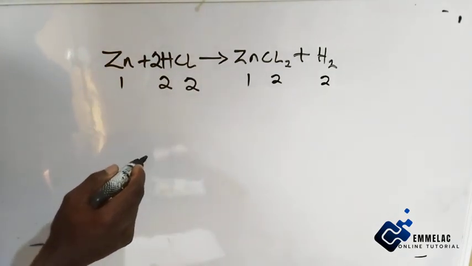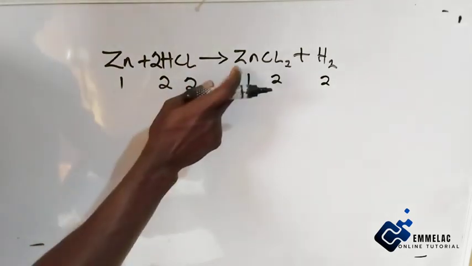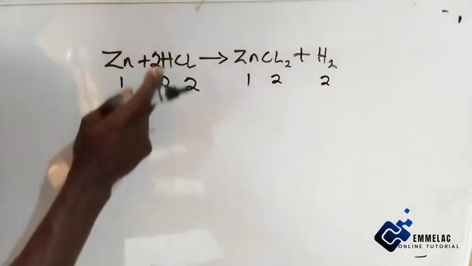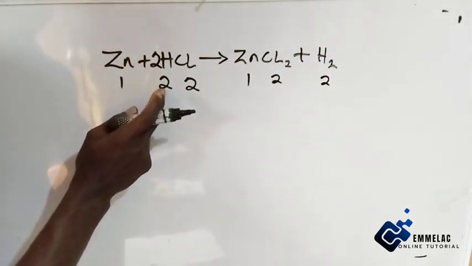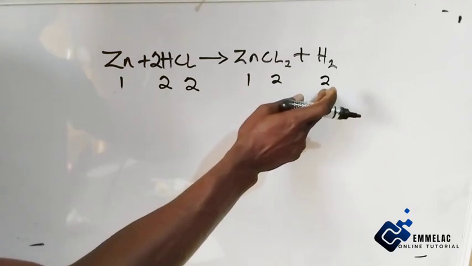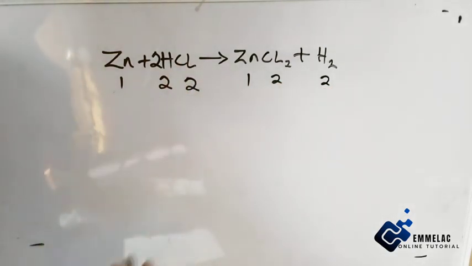So we can see that here we have 1 for zinc, here 1 for zinc. Chlorine here is 2. Hydrogen here is 2, hydrogen here is 2. Chlorine here is 2, and chlorine here is 2.